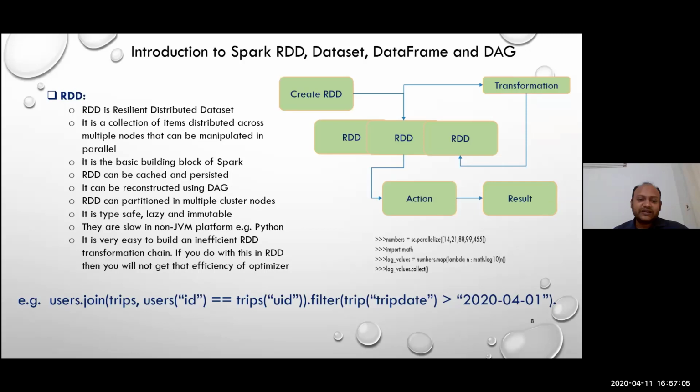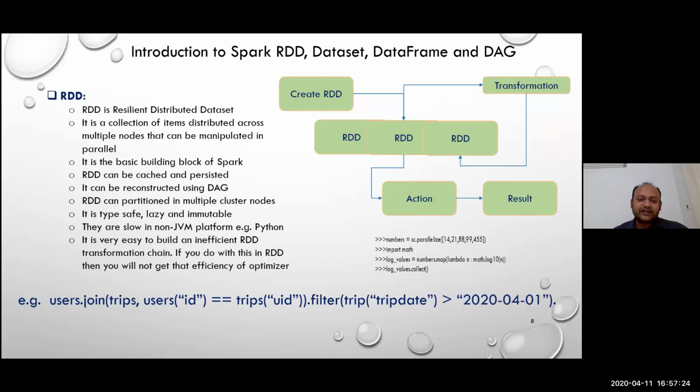Generally, in our small database, if we do this kind of operation, it does not matter basically. But if this user table and trip table are storing, let's say, petabytes or terabytes of data, it does matter.